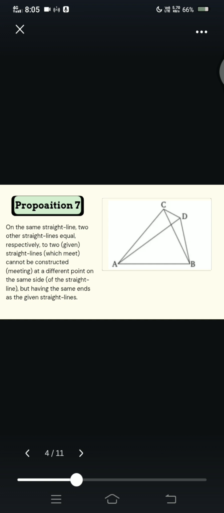Suppose both points C and D exist on the same side of AB. Same side of AB, as you can see there.